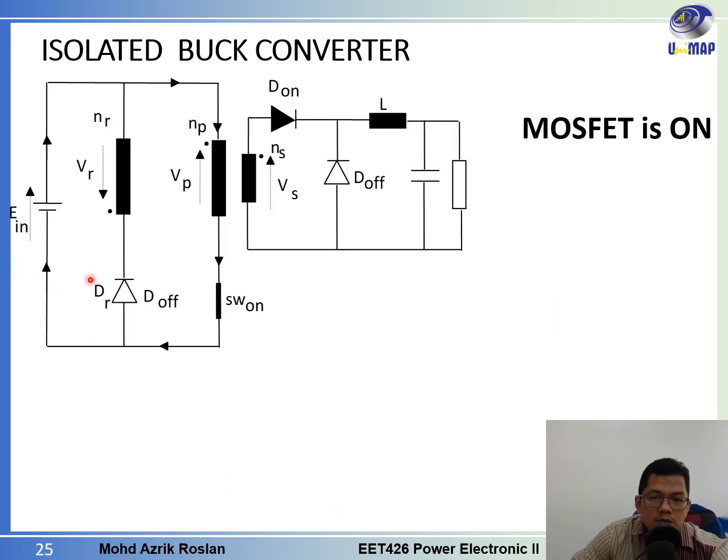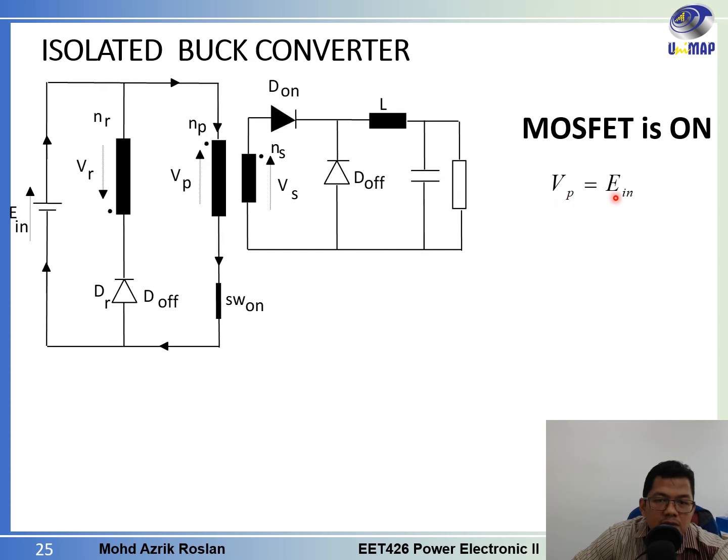Okay, now we move back to the circuit when the MOSFET is on. When the MOSFET is on, we want to know the voltage and current relations. As we know, the current will flow like this. Now we have the VP, which is the voltage across the primary winding.